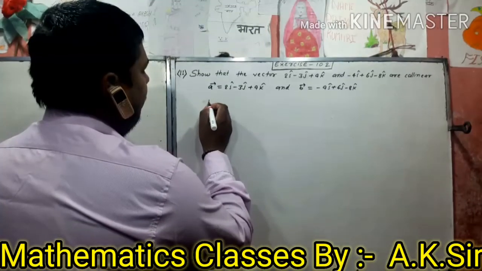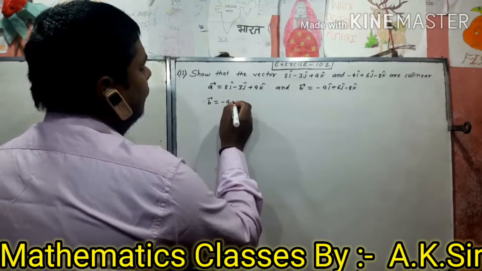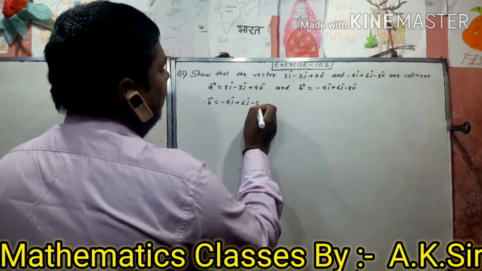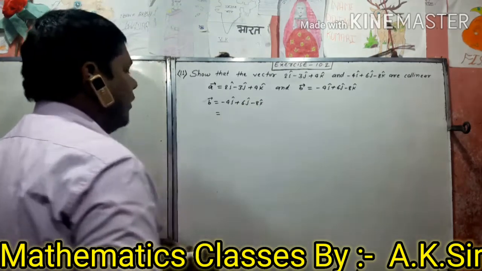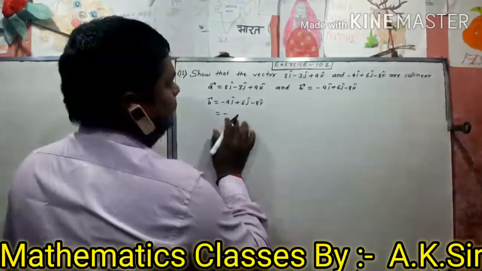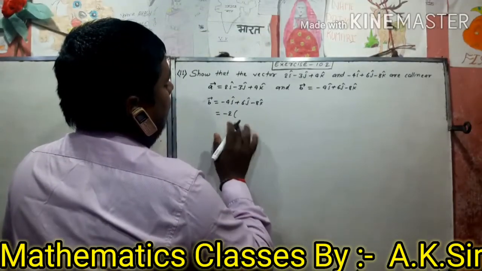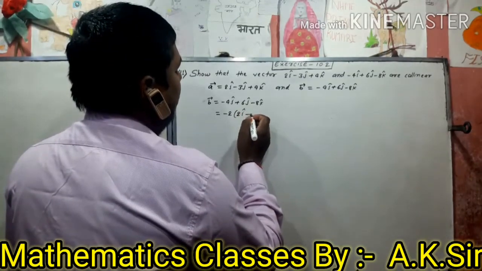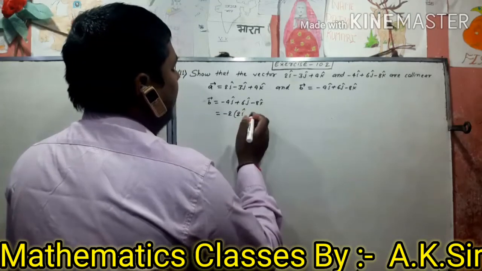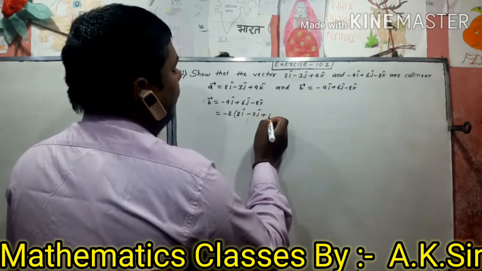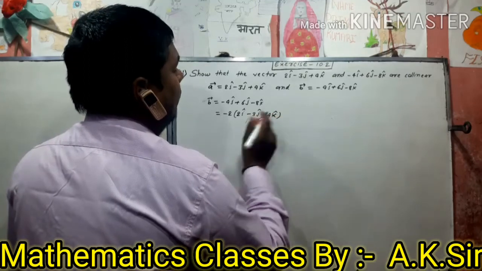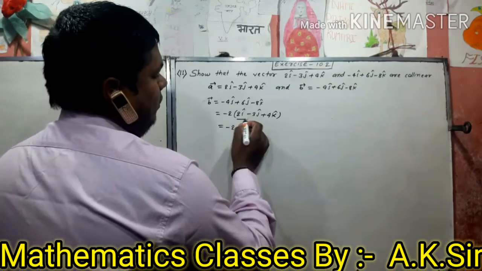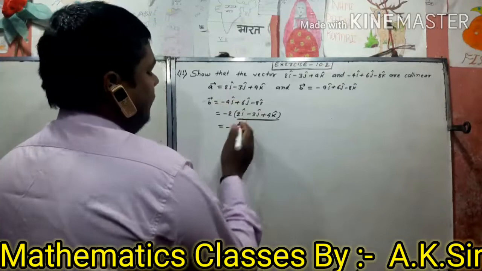Here we see B vector is equal to minus 4i cap plus 6j cap minus 8k cap. Here we take common minus 2. Here it is 2i cap minus 3j cap plus 4k cap, which is equal to minus 2 times the A vector.